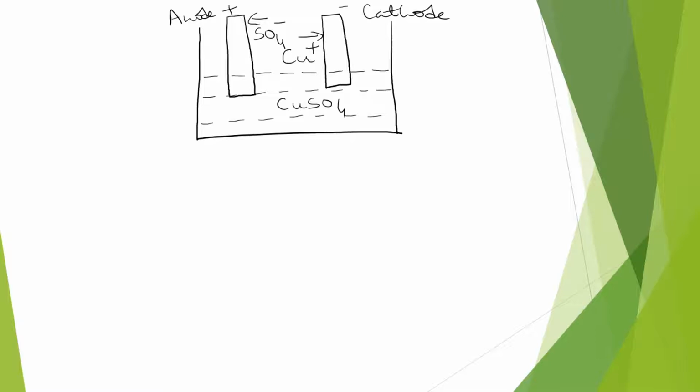So the chemical reaction is sulfate reacting with water and liberating oxygen. Also sulfuric acid is formed. So oxygen is liberated at the anode and there is sulfuric acid formed.